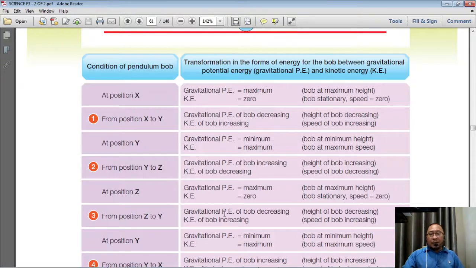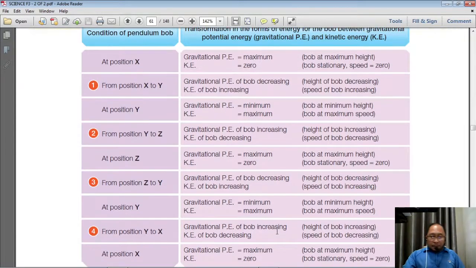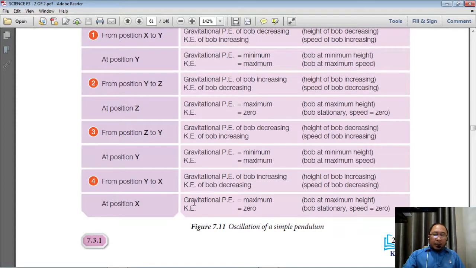Gravitational potential energy will decrease and the kinetic energy will increase. At position Y, gravitational potential energy is at minimum and kinetic energy is at maximum.